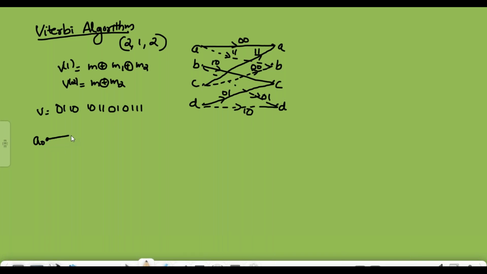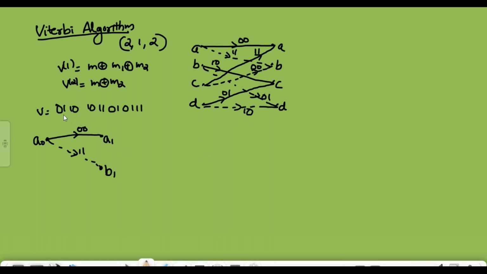With input bit 0, the next state will be A, represented as A1, and with 1 as the input bit, the next state will be, from this diagram, B, therefore represented as B1, and write the output bits along each possibility. That is, here it is 0 0, here it is 1 1. Okay, it is written from the trellis diagram.